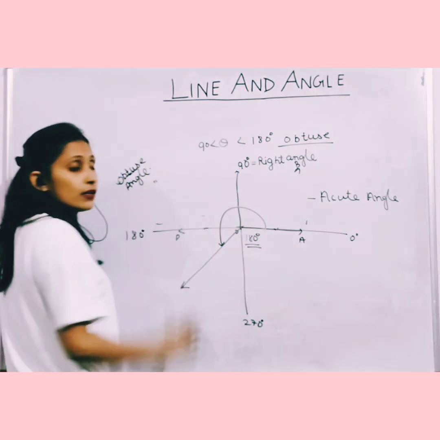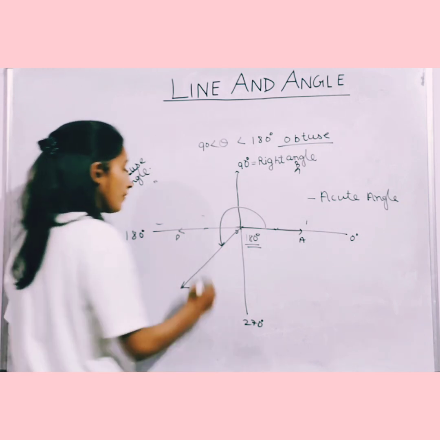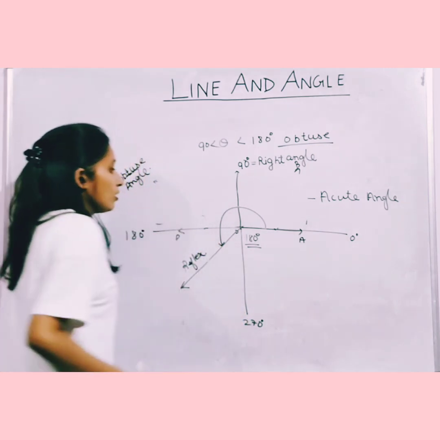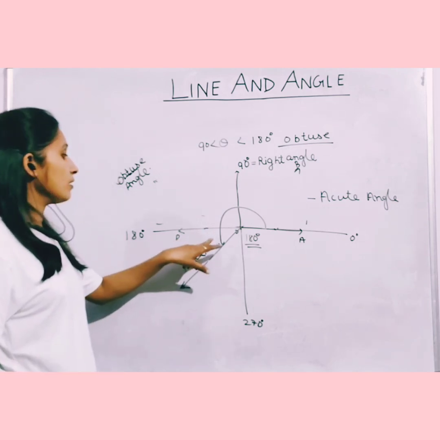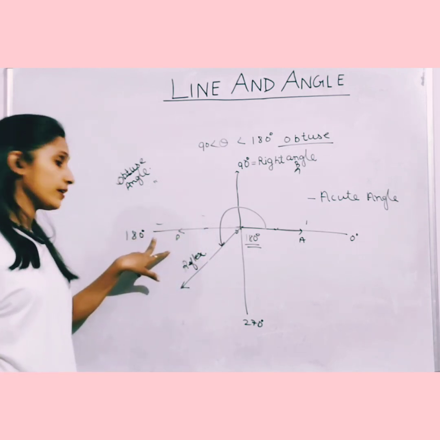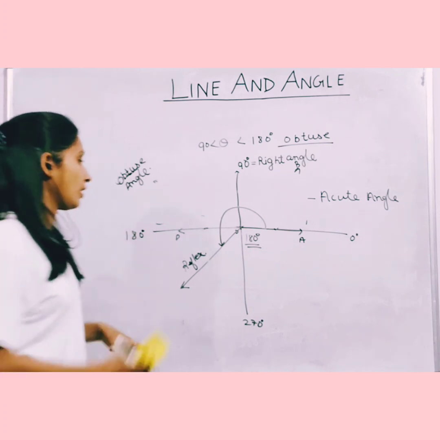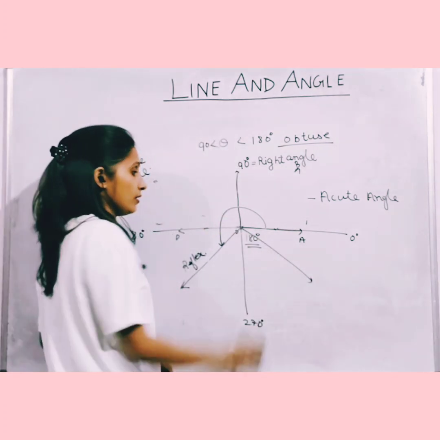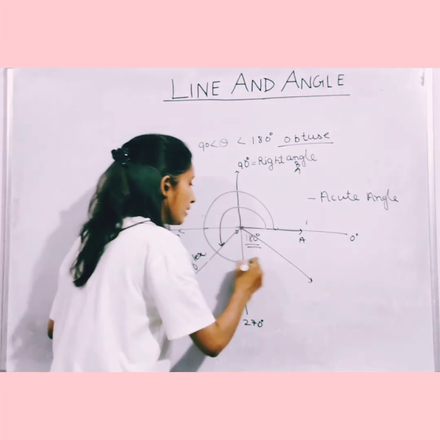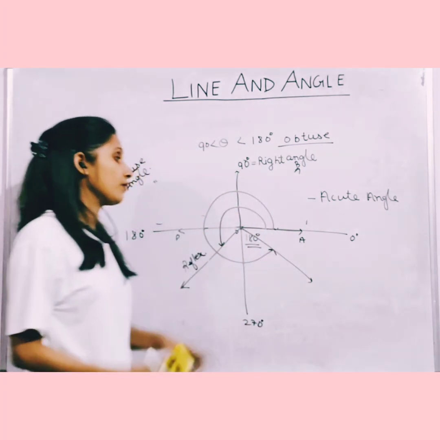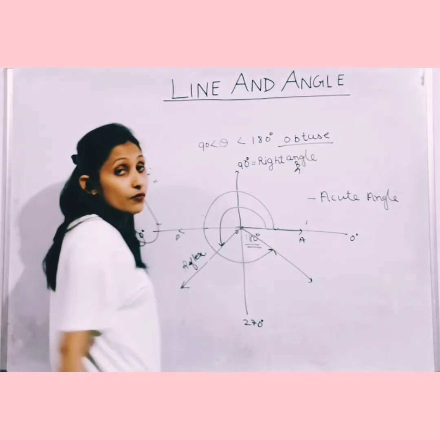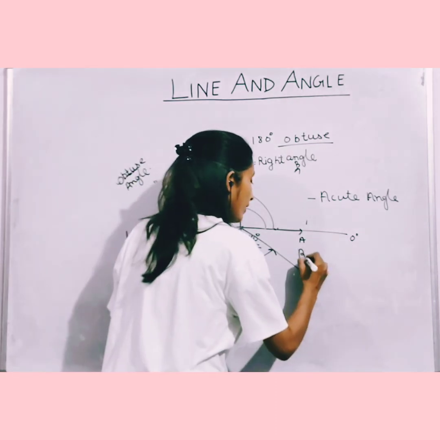So this angle is known as reflex angle. So you can clearly say that the reflex angle is greater than 180 degree. Now, if I make another terminal arm here, and this is the angle which the terminal arm makes with the initial arm, this angle will also be called a reflex angle.